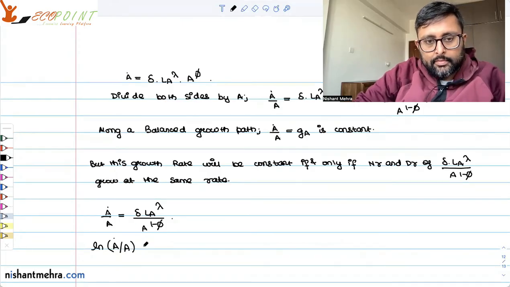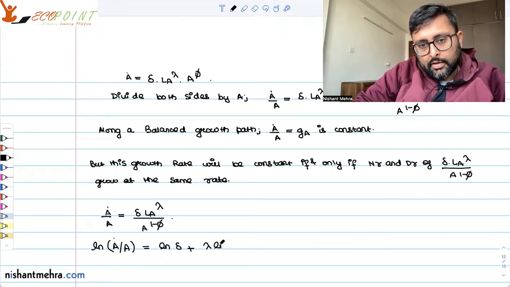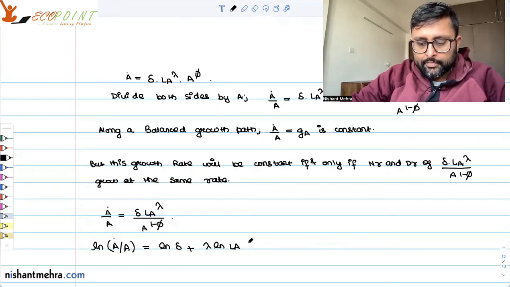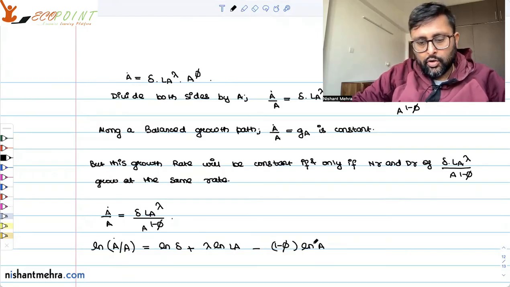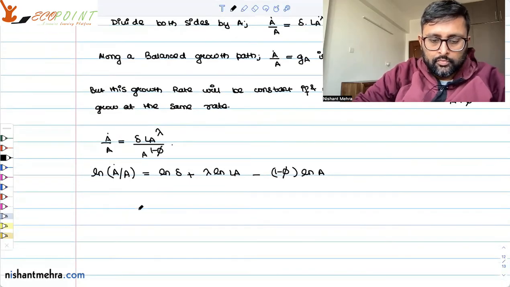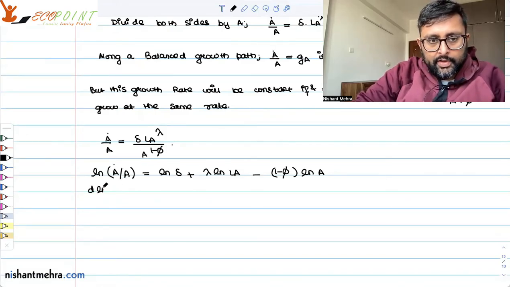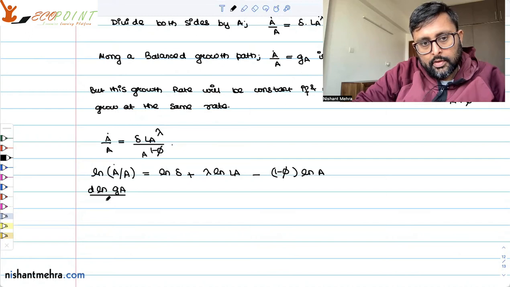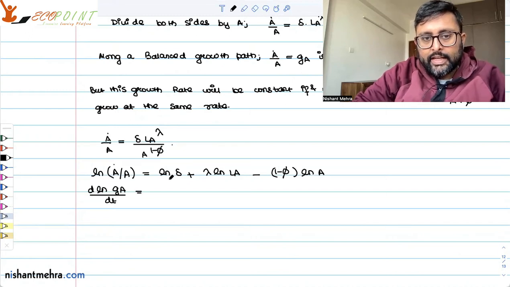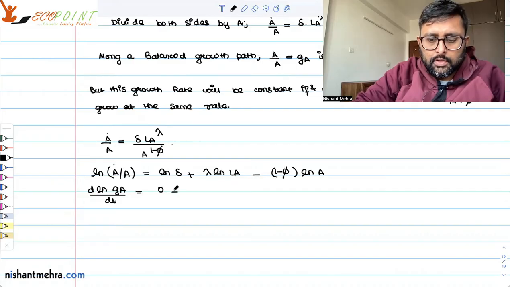Log of A dot by A is log of delta plus lambda log of L_A minus 1 minus phi log of A, right? So A dot by A is G_A. And then I take the time log derivative. I'm taking time log derivatives. So d log of delta by dt is 0. That is just a constant.